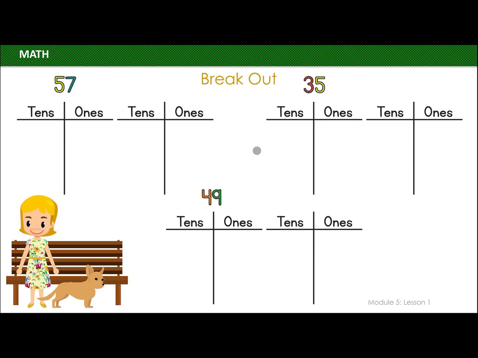We are going to do the same thing with these 3 numbers, so I'm going to start with 57. So to first show 57, I do 5 10 sticks and 7 ones. And to regroup it, I'm going to take away one of those 10 sticks, I'm going to regroup it into 10 ones.